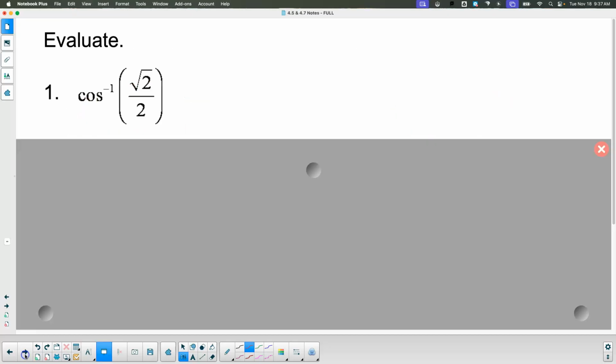Let's try some of these. So we've got inverse cosine of root 2 over 2. Could also be arc cosine of the square root 2 over 2.